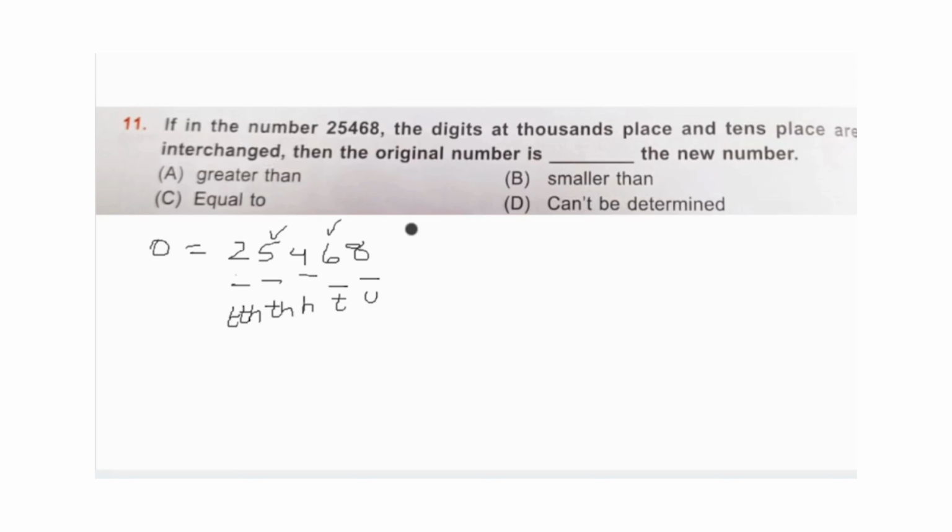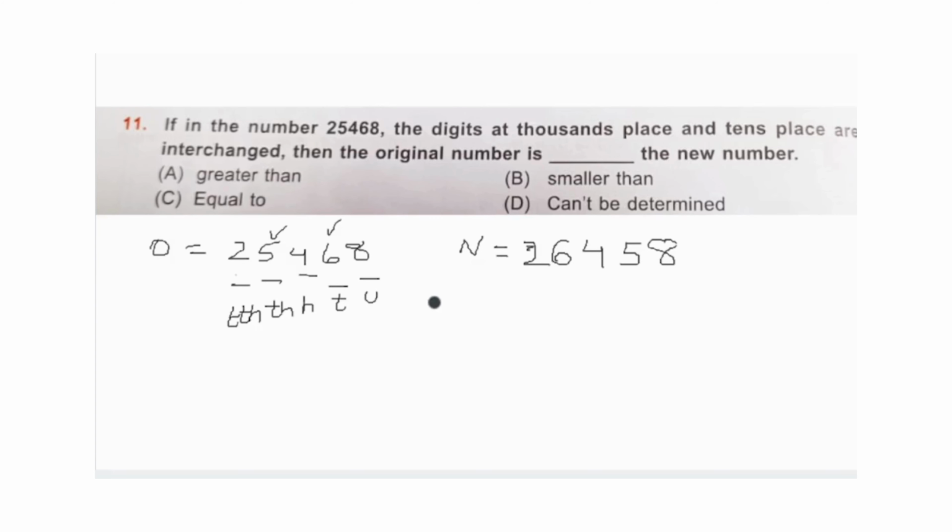So after interchanging the numbers, the new number formed, let's represent it with N, reads as 2, and now we need to replace 5 with the tens digit, 6, and then we write 4 as it is, and then at the tens place we need to write the digit of the thousands place, which is 5, and then 8, which is our units place.